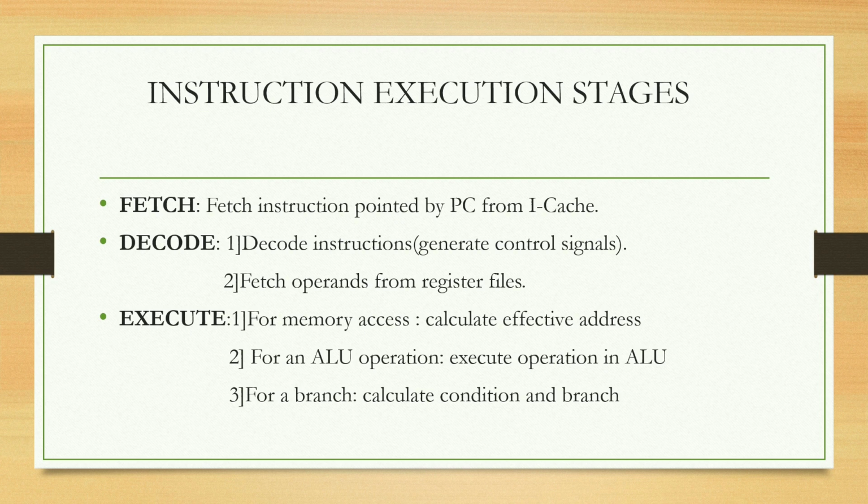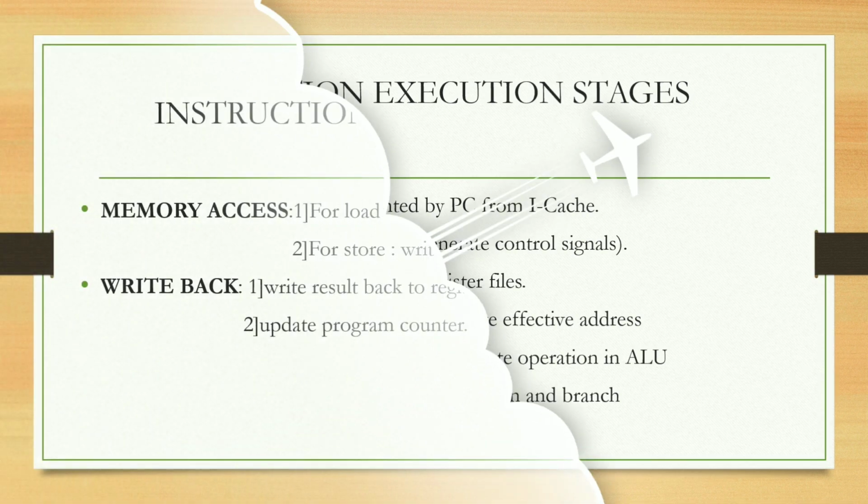Execution stages. First is fetch. In this fetch stage, the instruction is fetched from the memory. Second is decode. During the decode stage, we decode the instruction and fetch the source operand. Third is execute. During the execute stage, the computer performs the operation specified by the instruction.